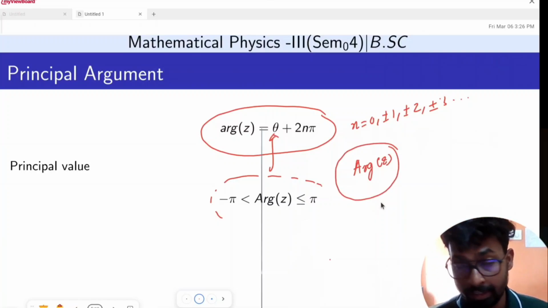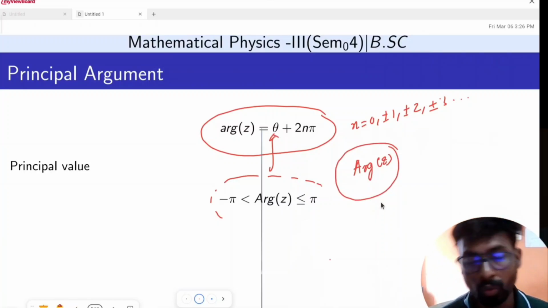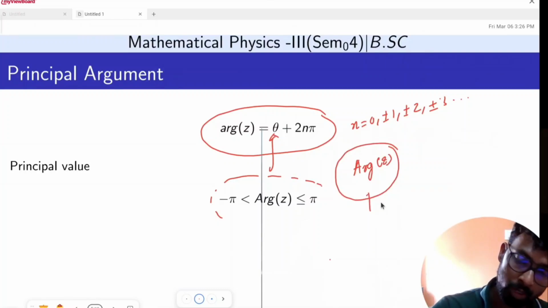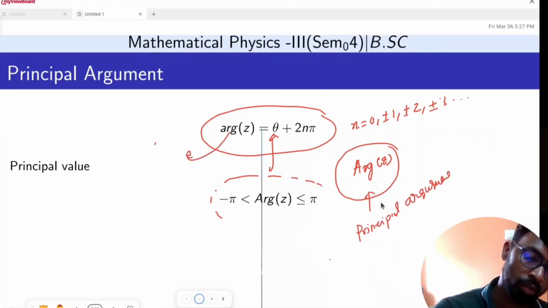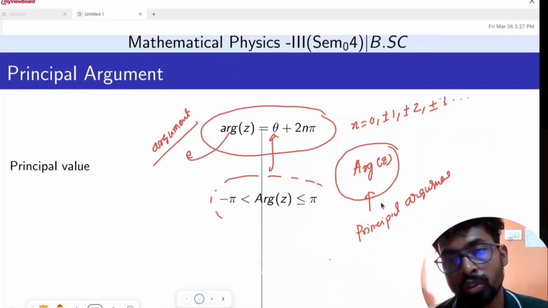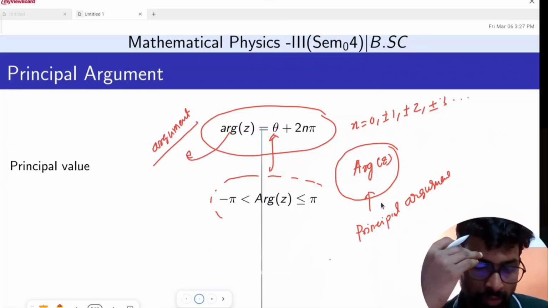We have to discuss in detail how to calculate the principal argument of z. So this is called the principal argument, and the general one is called the arguments.